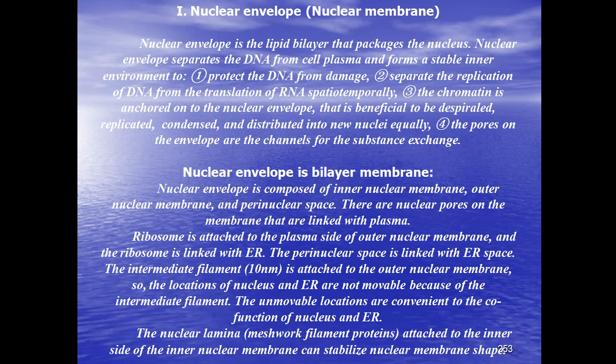So these are the important functions that are assigned to the nuclear envelope. Because of the nuclear envelope, there are two distinct fluids. One is cytoplasm outside the envelope. Inside, it is known as the nucleoplasm.